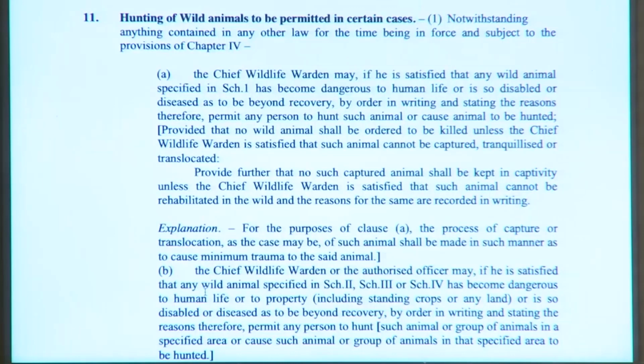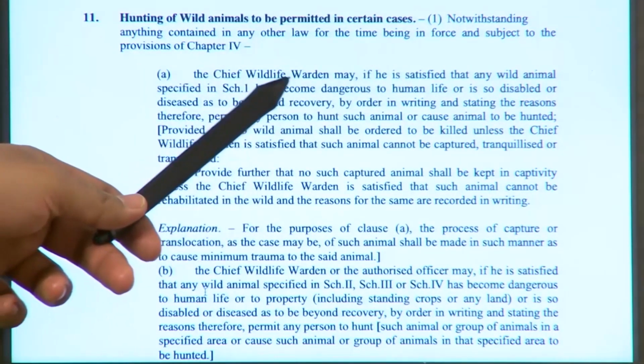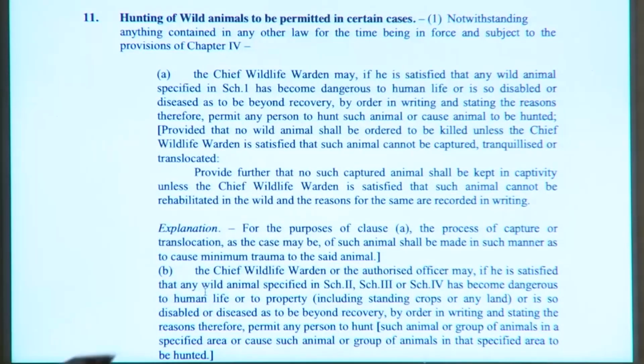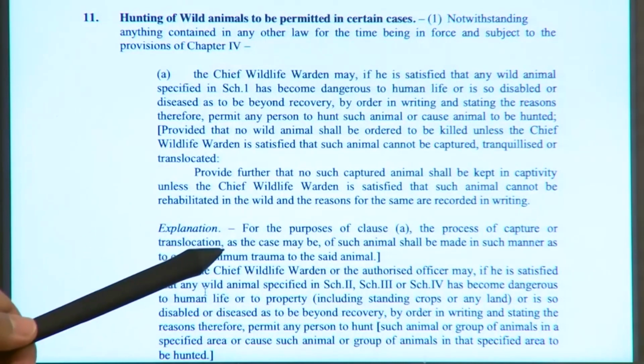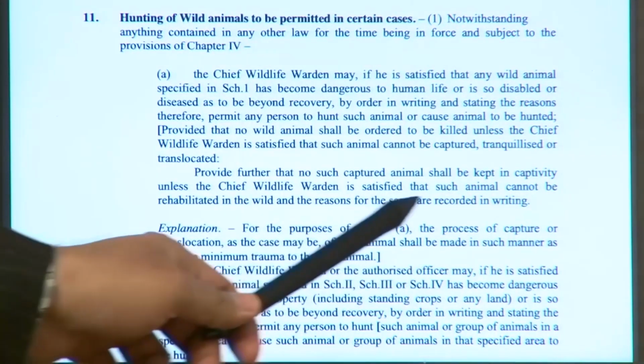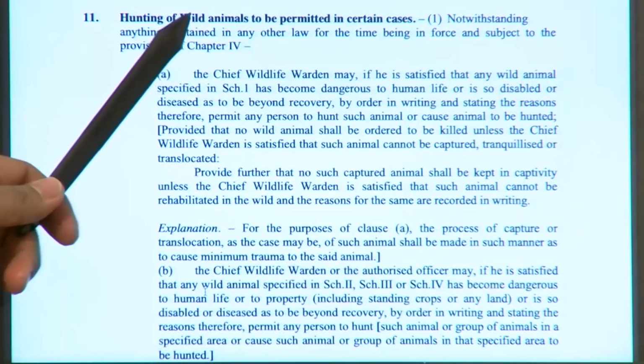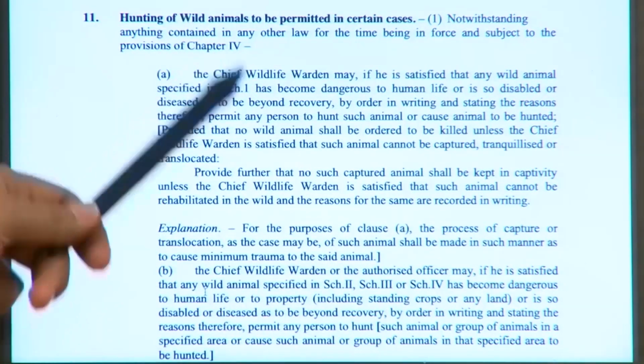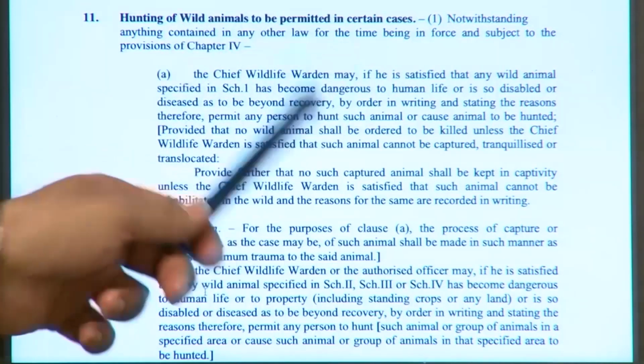The answer is no, because it says if the animal is dangerous to human life, not to property. Whereas, if you look at section 11B, it says the chief wildlife warden or the authorized officer. Here the power is delegated even to the authorized officer, as against section 11A, where the power is only with the chief wildlife warden.